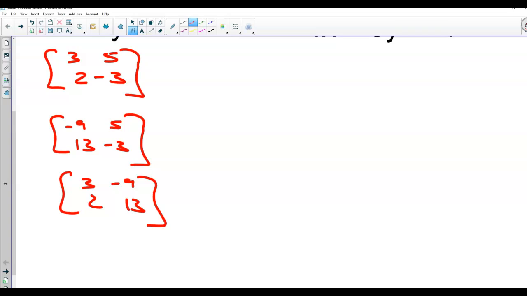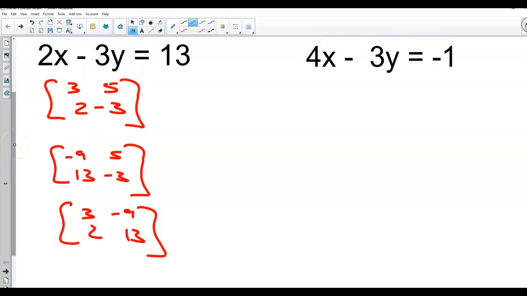My advice so you don't lose signs is this. Whenever you find the determinant of a matrix, you're subtracting between the cross multiplication. So it's going to be 3 times negative 3, 2 times 5.